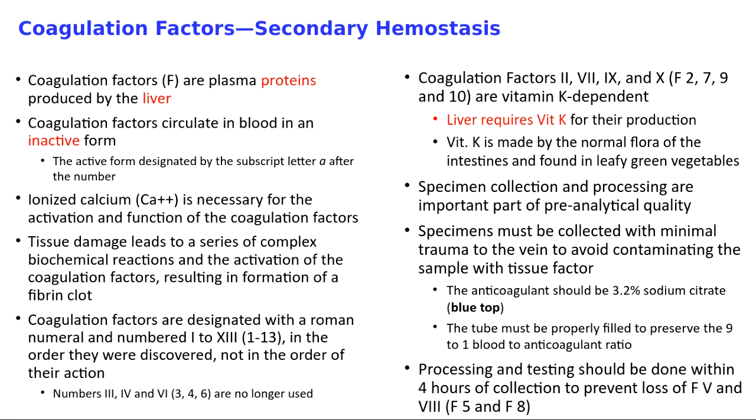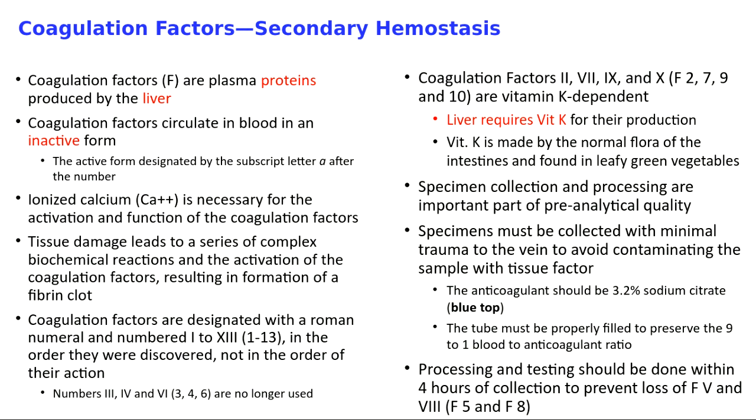And something to remember, coagulation factors are not going to work unless there is ionized calcium to help them go from inactive to active form. Okay? Something else that we need to remember is that all the coagulation factors are made in the liver, but some of them require a special vitamin for them to be fully functional.